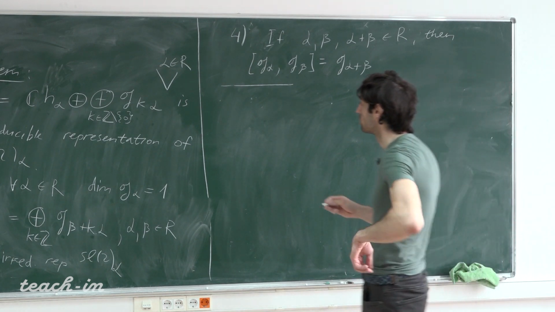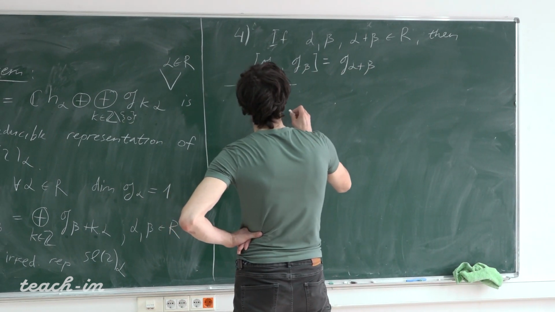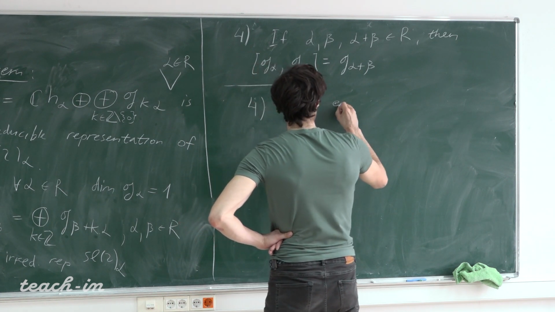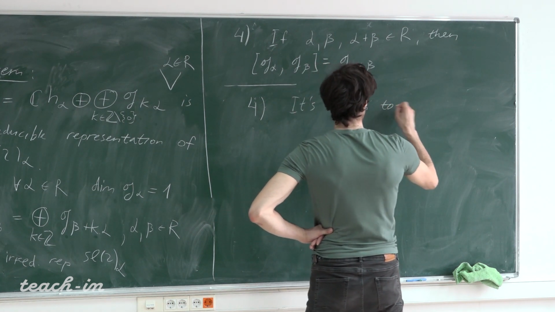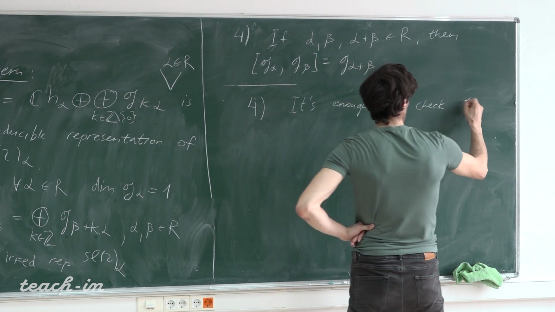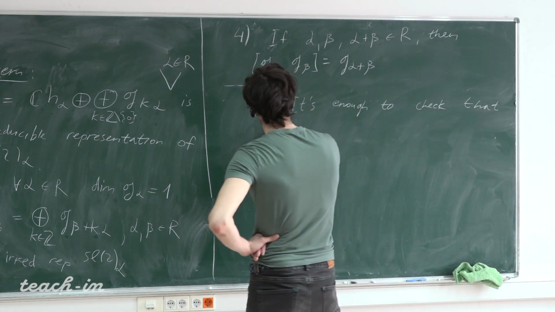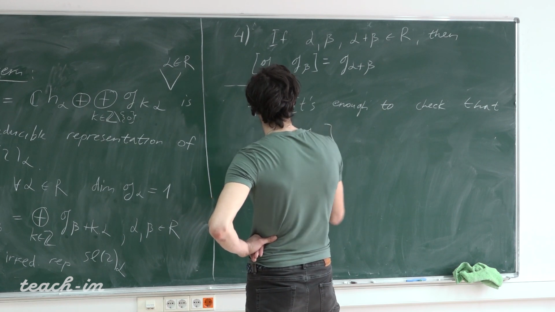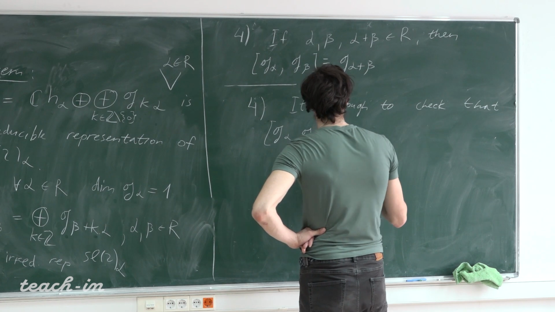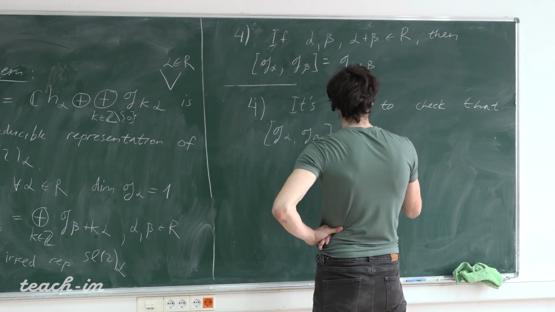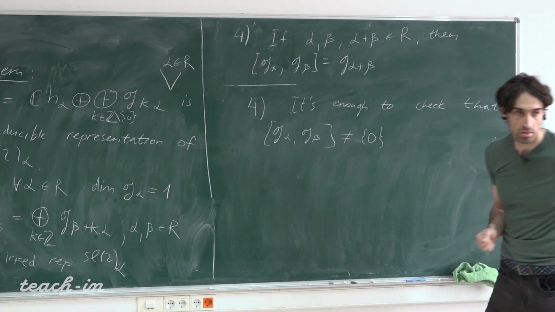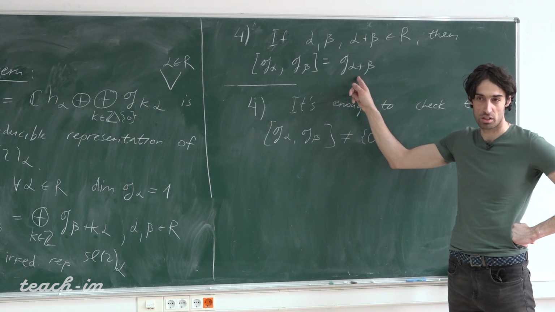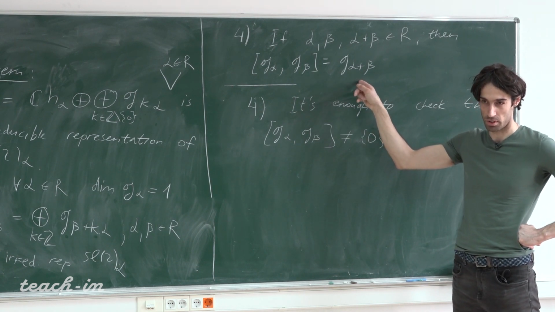So for 4, it's enough to check that G alpha with G beta is not 0. Since it's inside here, it's either 0 or the whole thing, because this one is one-dimensional, right?